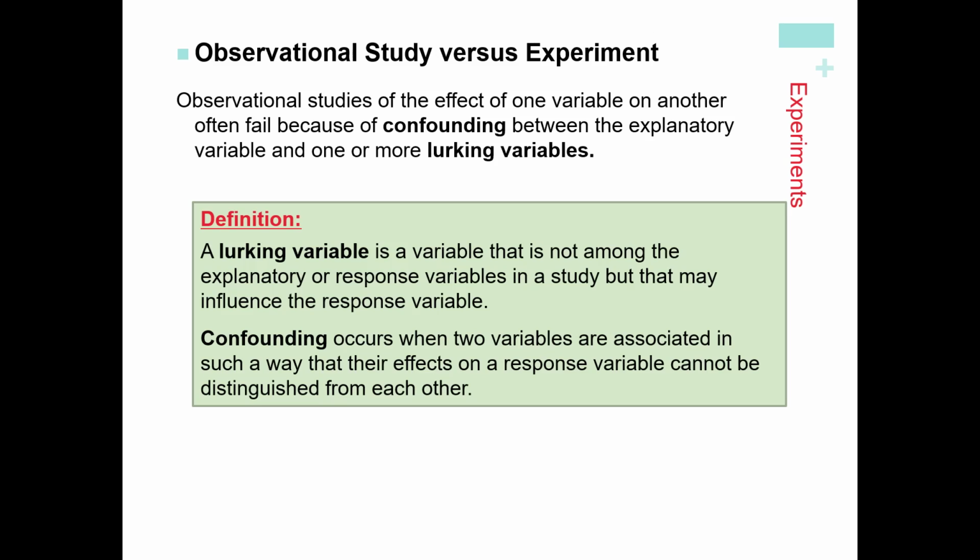On the other hand, confounding occurs when 2 variables are associated in such a way that their effects on a response variable cannot be distinguished from each other. So in other words, you're trying to change the treatment. This usually comes up more in the context of experiments. You're trying to change a treatment, but you also wind up changing something else.